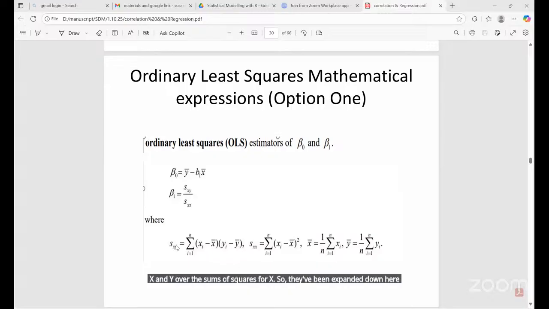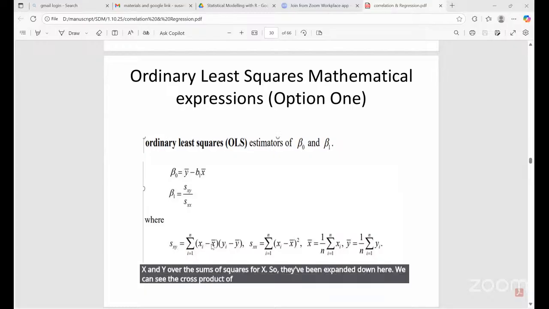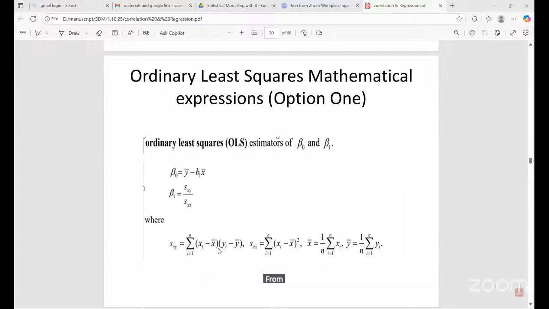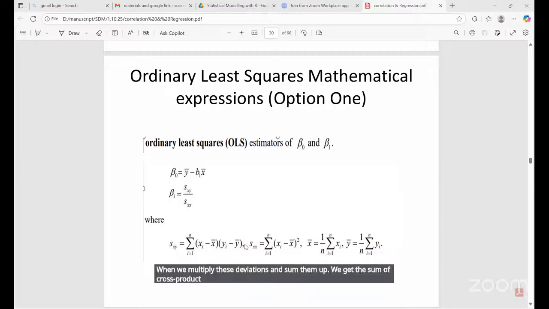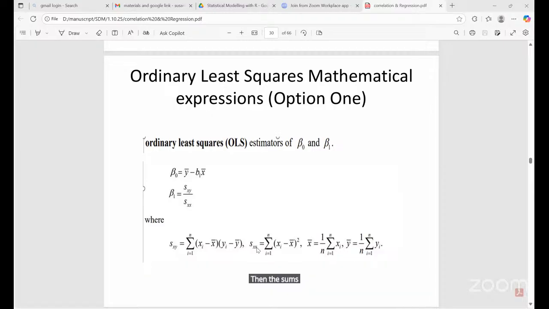We can see the cross product of deviations for x from the mean and the deviations from the y means. When we multiply these deviations and sum them up, we get the sum of cross products for y and x. Then the sums of squares for x are the deviations of x values minus the mean, squared.